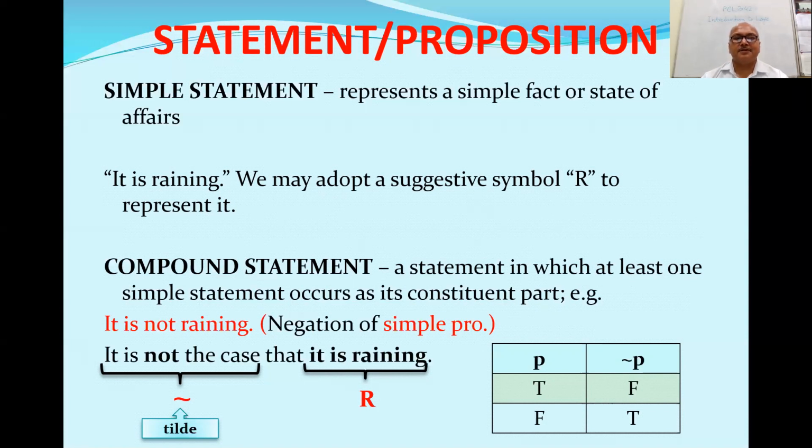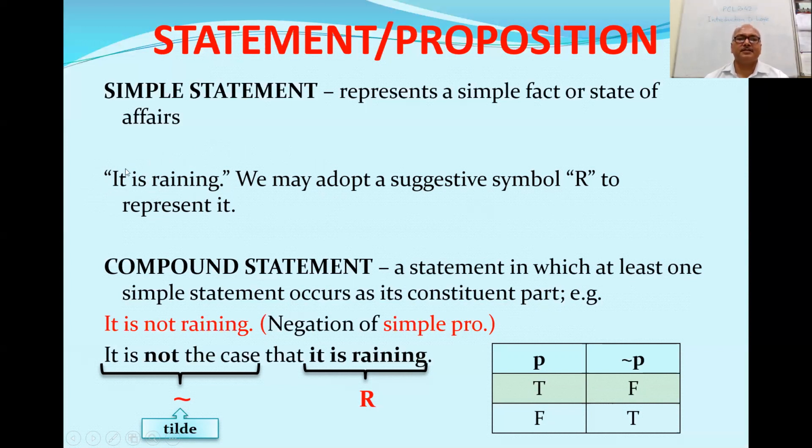So we define simple statement. What is a simple statement? A statement which represents a very simple fact or a state of affairs. Consider, for example, it is raining. It is raining. This is a simple statement.